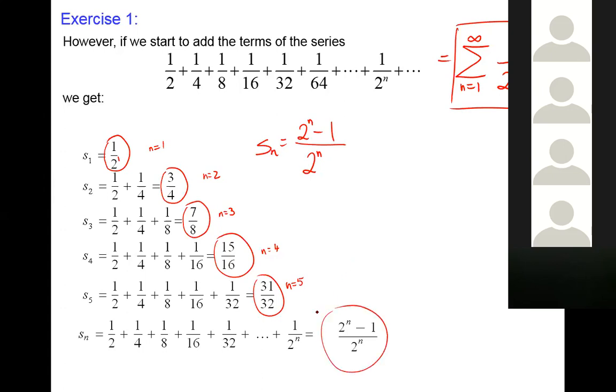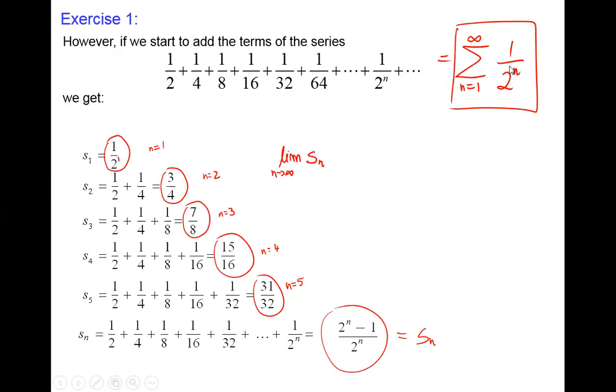Okay. And then we do have the formula. Really good. And now, actually I have it on my other slide, but we may try to find how this formula, because this is my S sub n, behaves at infinity. And you can probably tell me the limit as n goes to infinity of (2 to the n minus 1) over 2 to the n. Do you think you know that limit?